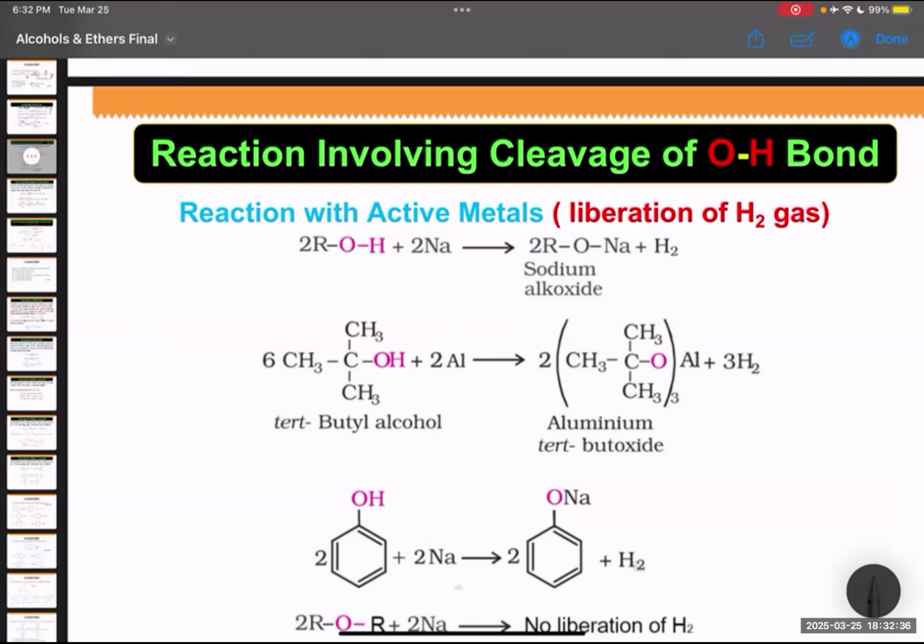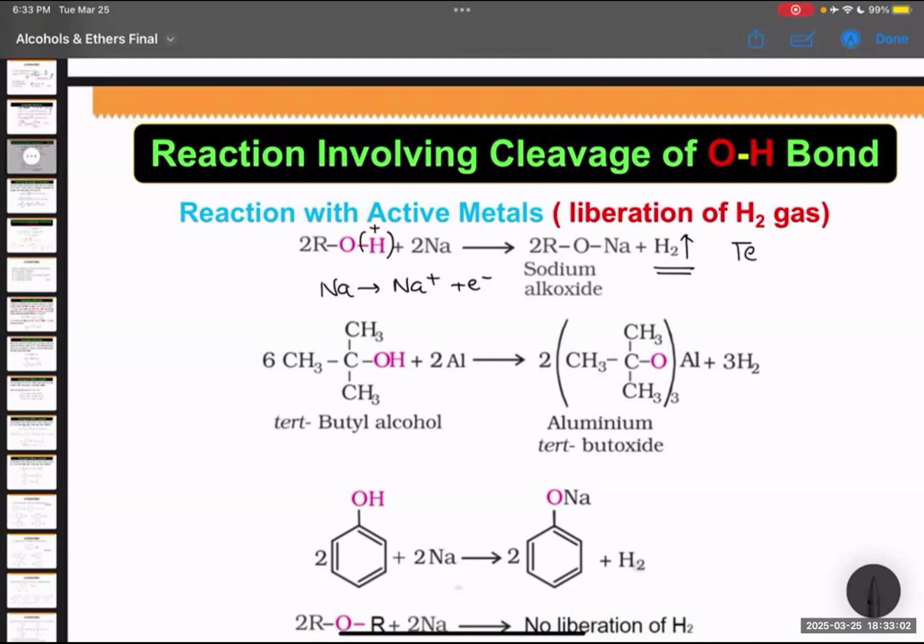Metals are electropositive, you know. So what will they do? They will lose electrons, they will give electrons, and the electrons are taken away by the H plus. Because H plus is positive, surely the electron is going to come on H plus. H plus accepts the electron and gets liberated as hydrogen.